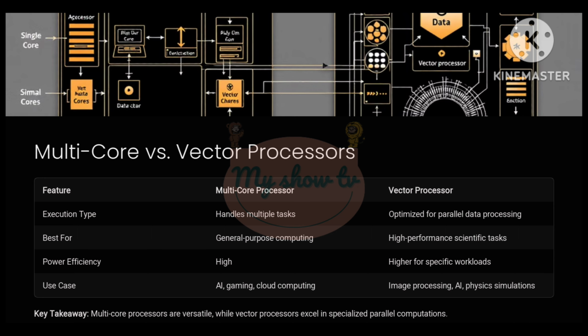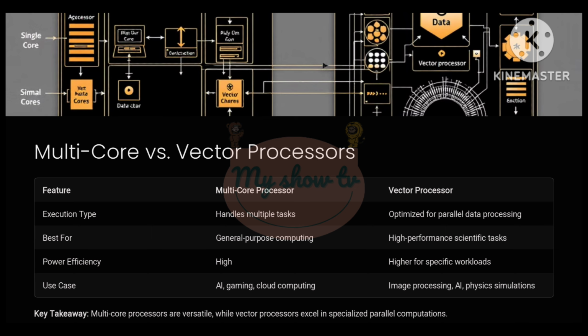4. Use cases. Multi-core processors. Widely used in general computing, AI, gaming, and cloud computing. Example: Intel and AMD processors used in laptops, desktops, and servers. Vector processors. Specialized for image processing, AI acceleration, and high-performance physics simulations.